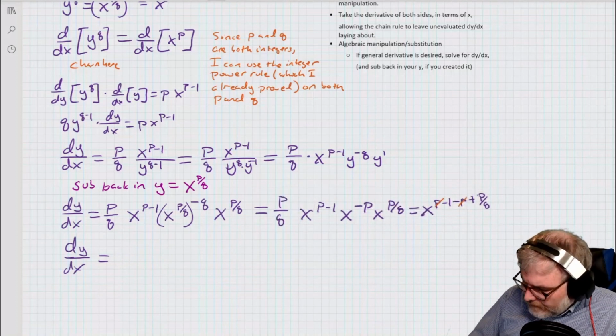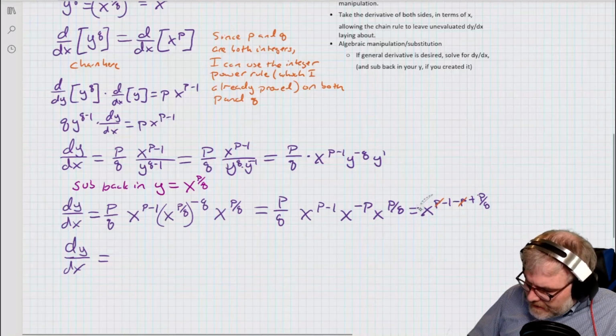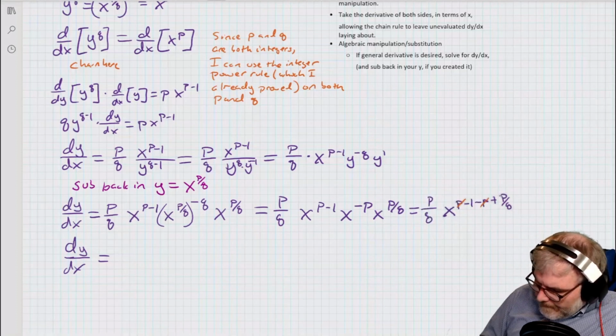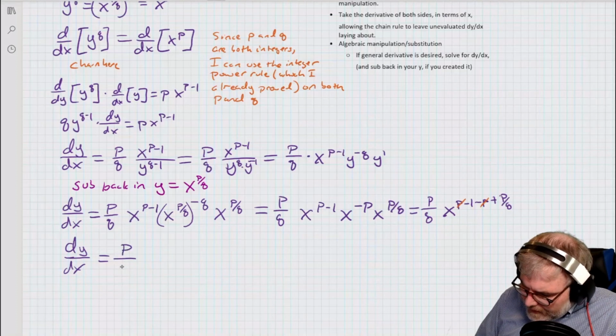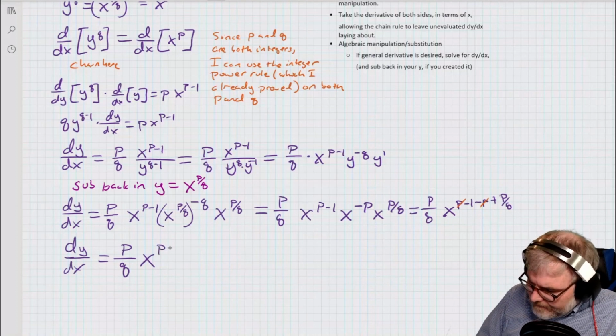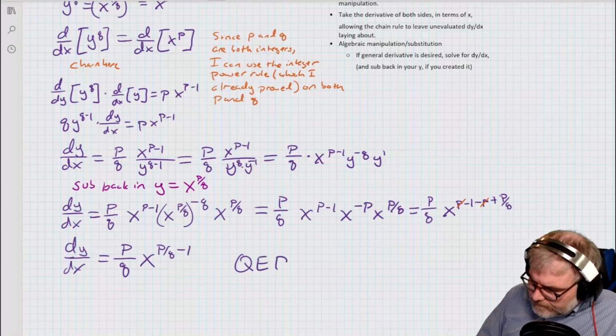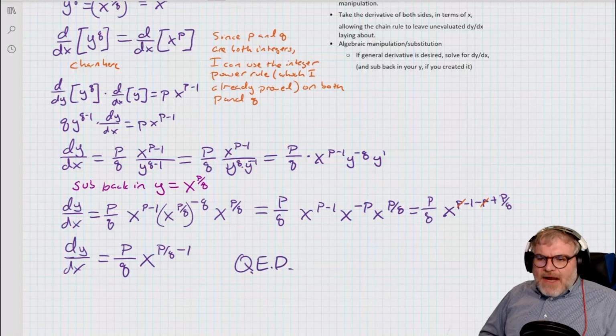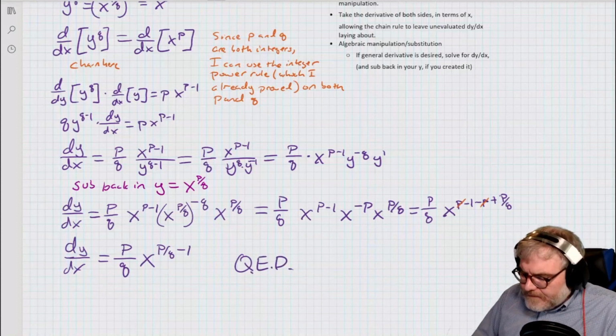He's there all by himself. He was baggage and I dropped him. Okay, so now I'm going to get p over q, x to the positive p over q minus 1. And that's what I wanted to show. And that's it. That's the power rule for rational exponents.